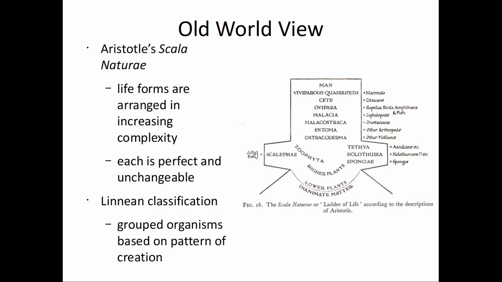We still use this nomenclature system today, but organisms were grouped based on a pattern of creation, so how they look together. So you might have things in families and grouped in such a way. We still use the Linnaean nomenclature. However, we typically classify things now based off of genetics and molecular evidence.